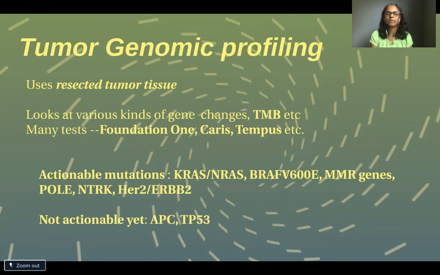So it can look at gene mutations, deletions, inversions, some kinds of chromosomal translocations, amplifications, etc. And many of the newer tests will also look at RNA profile, and they give what is known as TMB, which is tumor mutational burden. You can get the value of TMB also by using tumor genomic profiling.